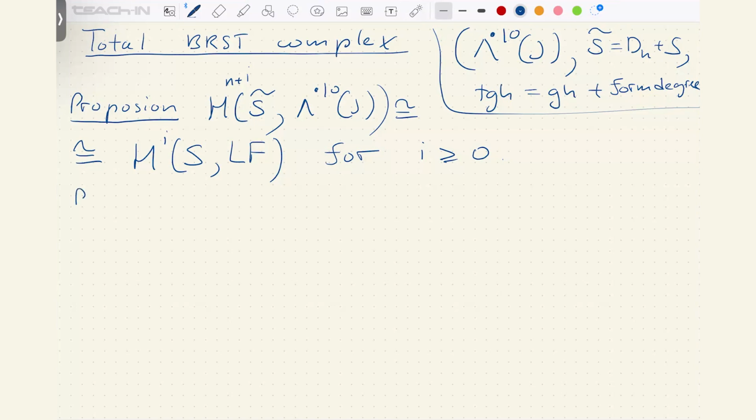Okay, and the idea of the proof is as follows. So let's consider a generic element. Let's consider a cycle condition S twiddle acting on F, and let's expand F in terms of degree.